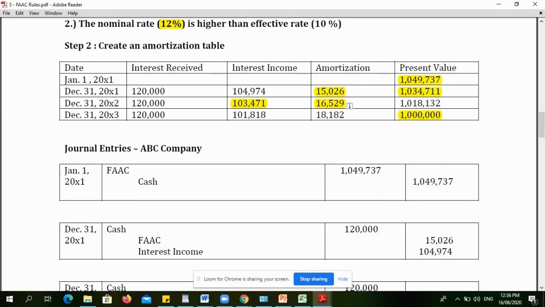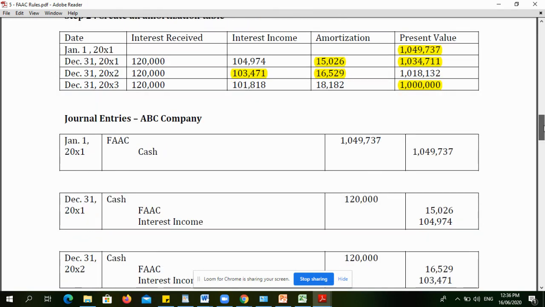And ang difference nila, we will deduct it again to the present value or to the carrying amount. So kaya 1,018,132 pesos na lang siya. But yun, that's how an amortization table works.